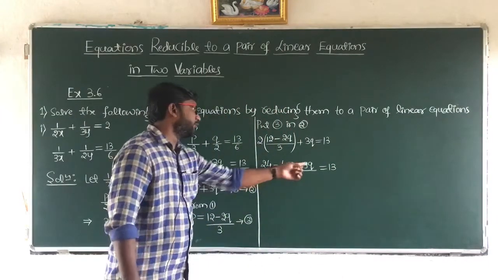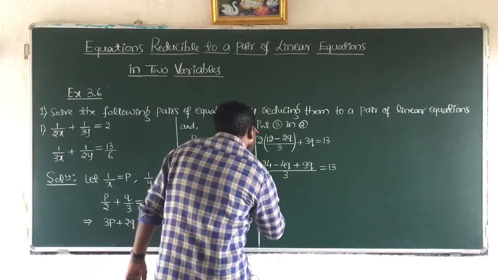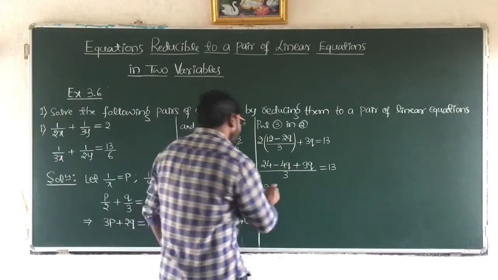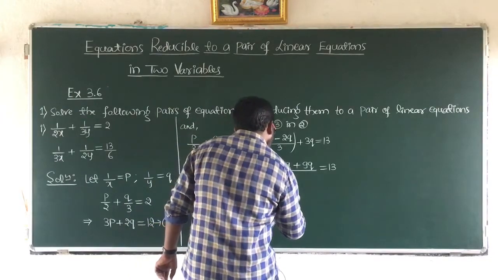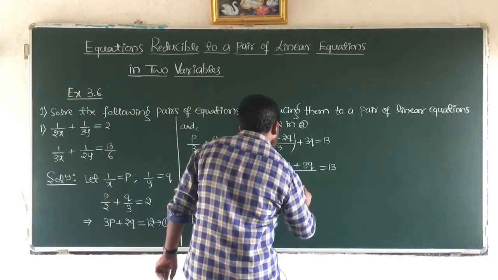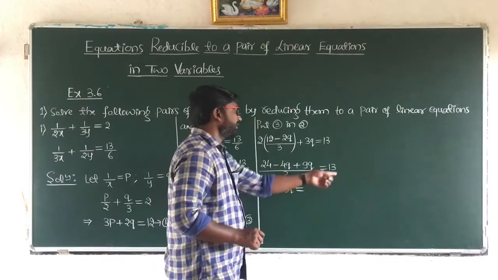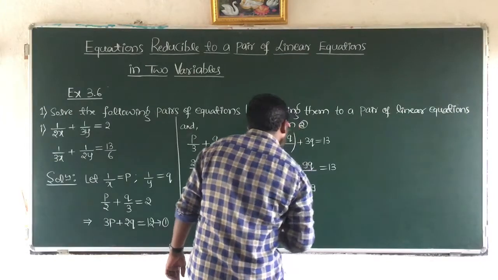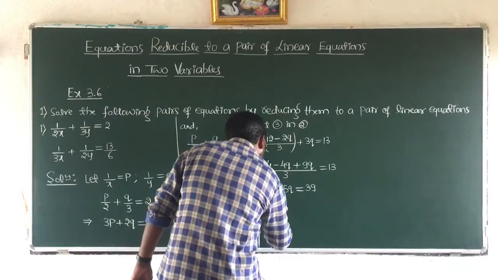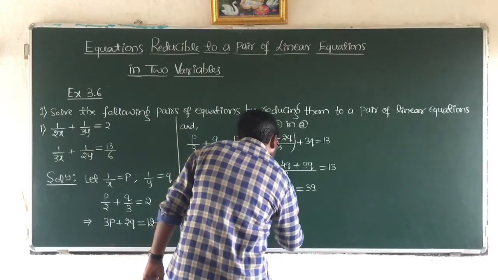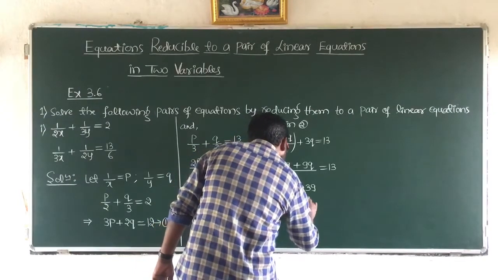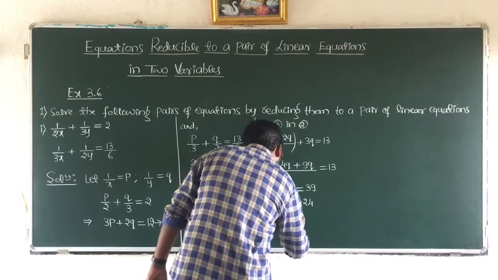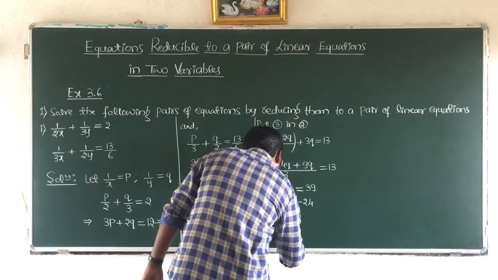Now simplify the numerator. 24 write it as it is, then 9q minus 4q will be 5q, so 24 plus 5q equals, I take the denominator to the RHS, it will be multiplied with 13, so we get 39. So 5q equals 39 minus 24. So 5q equals 15. So q equals 3.